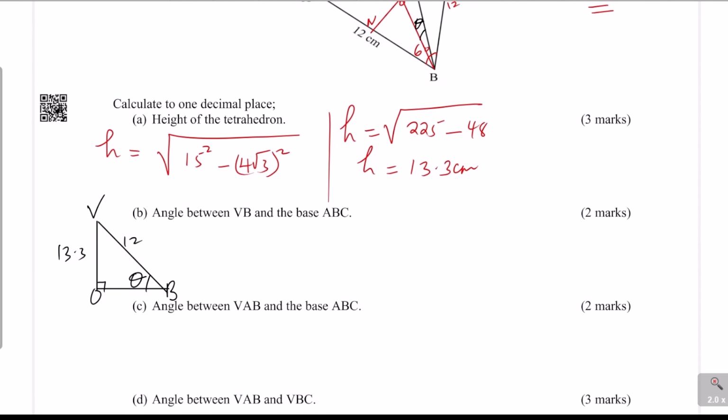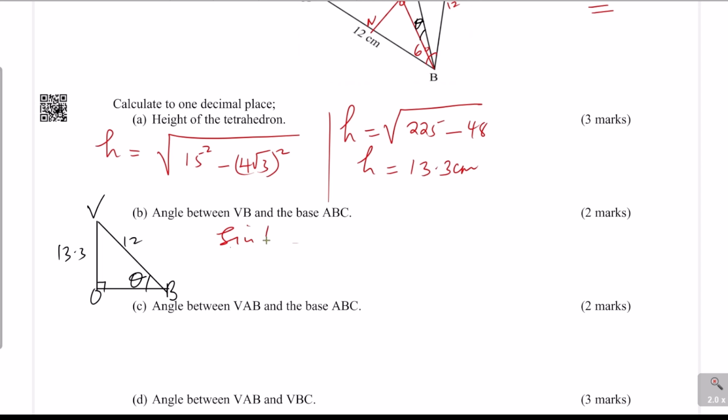So this one, you get the angle by using tangent. So tangent of theta is equal to opposite. Where is tangent going to work? No, I think sine is going to work better than this. So sine is going to work because we have the opposite side.